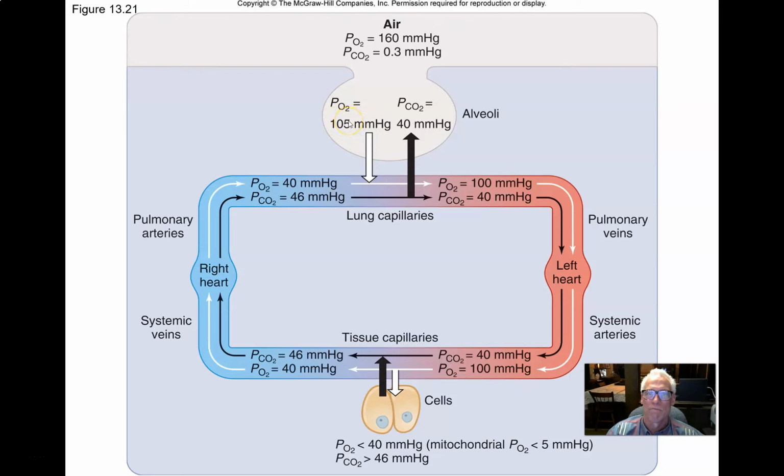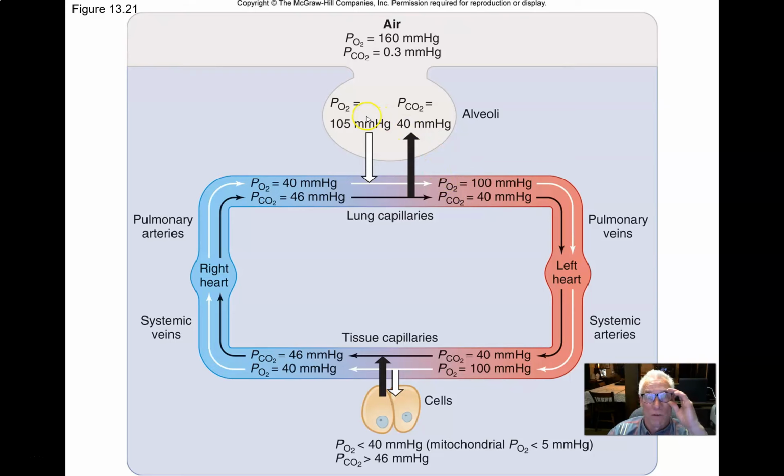How about CO2? The alveoli at normal resting ventilation have 40 millimeters of mercury partial pressure CO2 in them. We're bringing in the air with none, but CO2 is always diffusing into the alveoli, and then we breathe that air out and then bring in some fresh air. So the alveoli, on average, have these values for gases. As the blood passes through the lungs, it will equilibrate with the alveoli, meaning become exactly the same in terms of partial pressures.